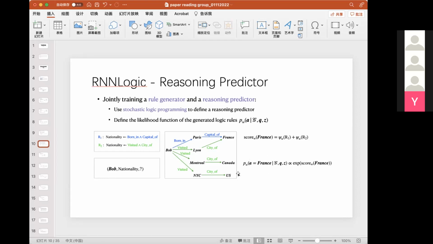Although RNNLogic has a very big efficiency problem, I don't think the bottleneck is the grounding. Then what is the bottleneck in terms of efficiency? I thought the bottleneck might be that it requires many iterations in order to learn a rule.